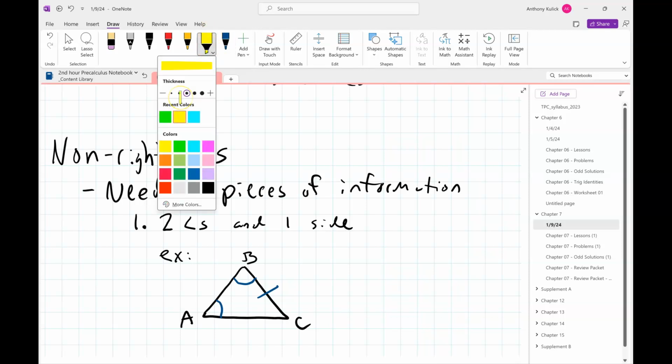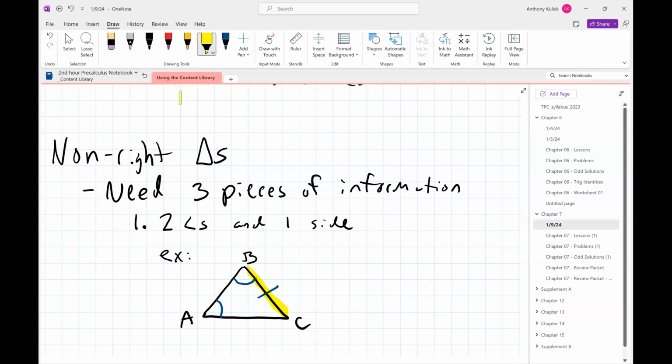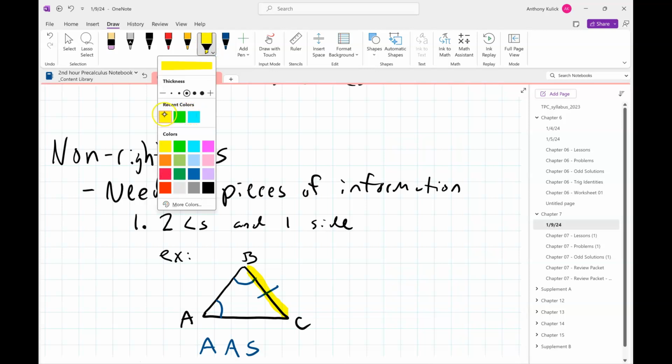You want to look to see whether the side is between the two angles or not. Is this side in between the two angles? No. What side is in between the two angles? AB.